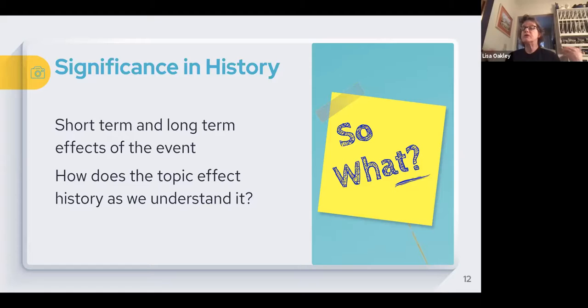They bring to it whatever their knowledge is of American history, or you might have a judge who is a world historian, or someone from the National Archives. So you are taking your local topic to a different stage, and you need to make sure you can make that argument beyond the local, regional, and state context. That's something you may need to work on.